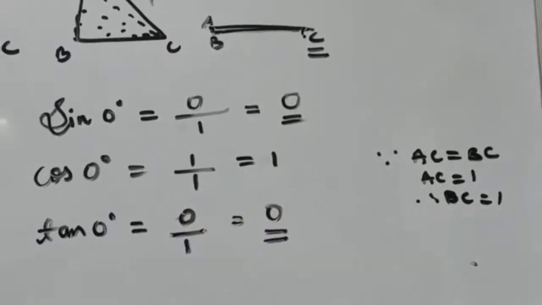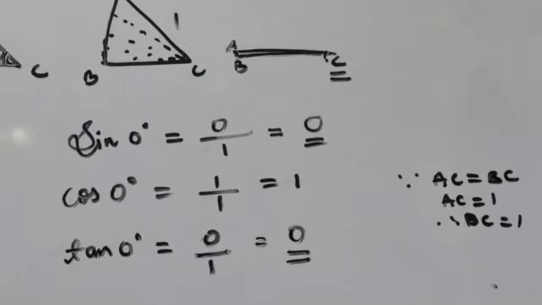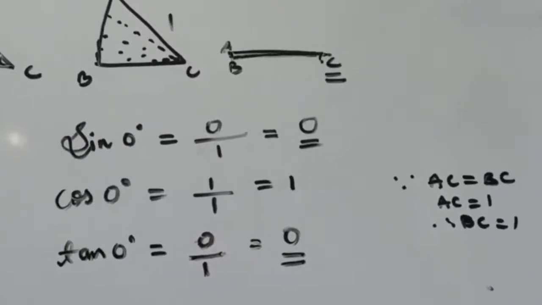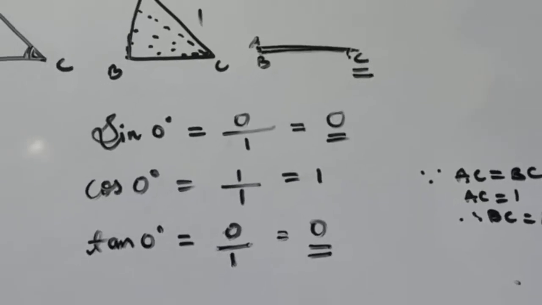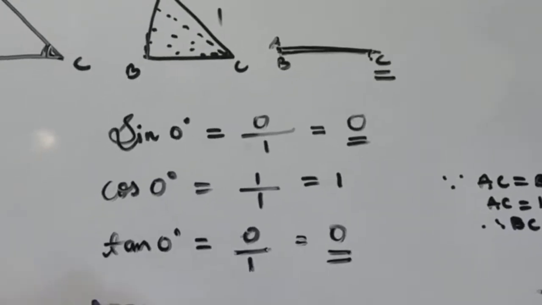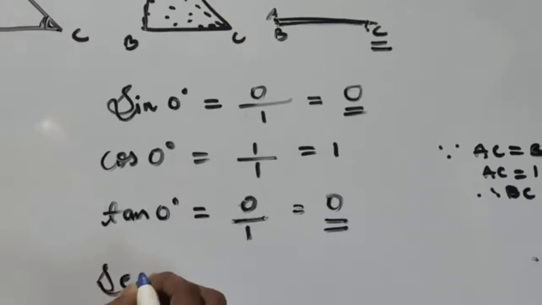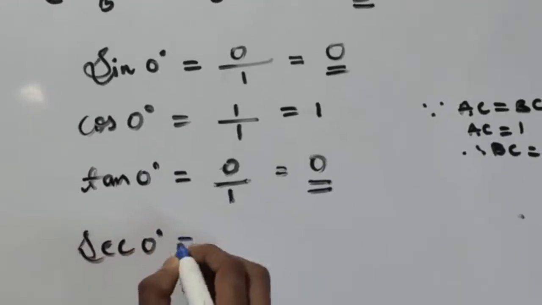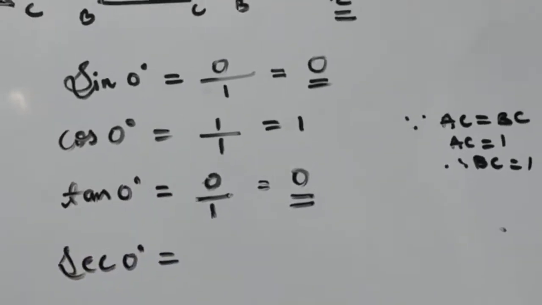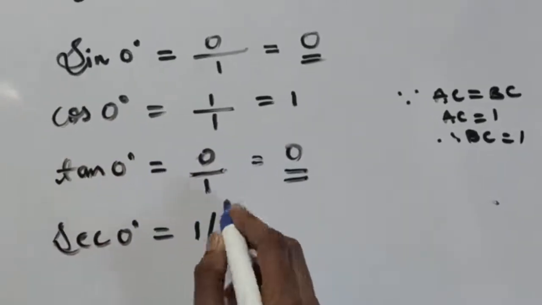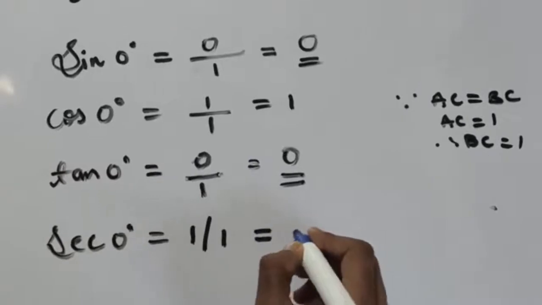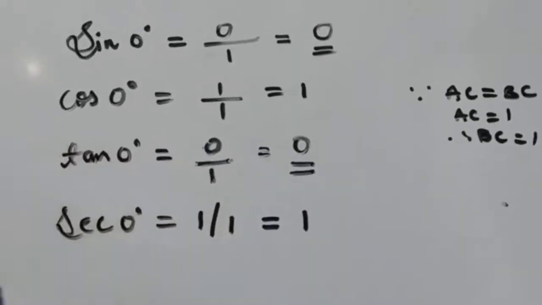You can feel free to write down your doubts in the comment box. So let's move on. Let's find it for sec 0 degree. For sec 0 degree, it will be 1 upon cos 0 degree. Cos 0 degree is 1. So sec 0 degree will be 1 by 1, that is again 1.